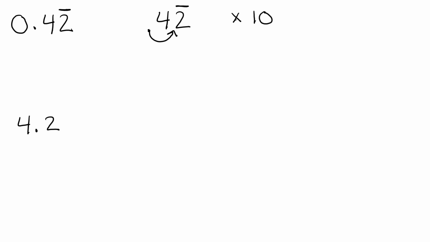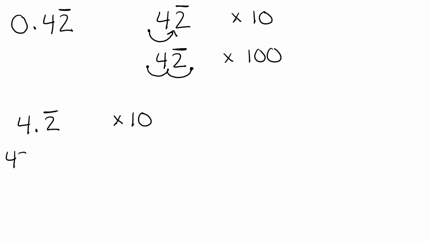And so we use the 4.2 repeating and the times 10 to help us find our answer later. The second time that we move the decimal point, we move it to the back. That means we have to move it 2 times. Moving it 2 times means we're multiplying by 100. So we use the 42.2 repeating and the times 100 to find our answer.